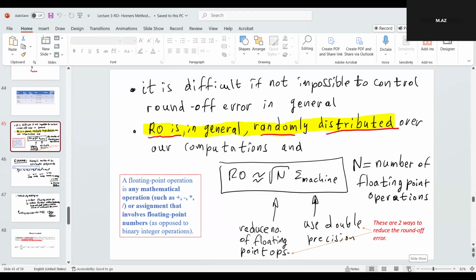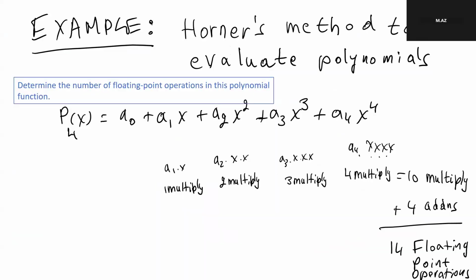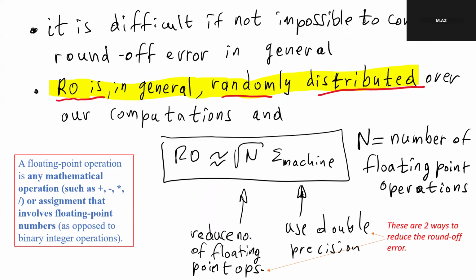In general, we know that round-off error is an inherent error for all computational devices. It's difficult, if not impossible, to control round-off error in general.